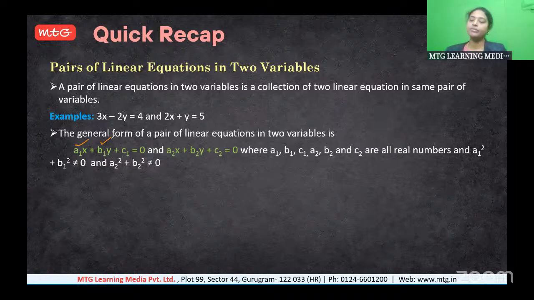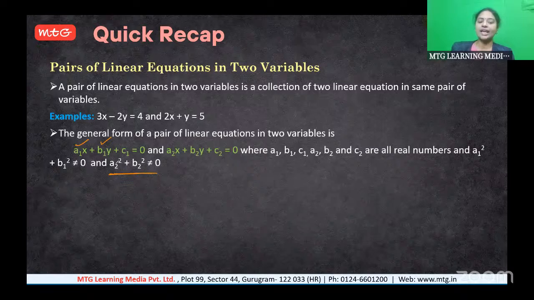How can we say this in a symbolic mathematical form? A1 squared plus B1 squared should not equal 0, and A2 squared plus B2 squared should not equal 0. What is the meaning of it? Suppose A is any number; if you square it, it becomes positive. B is also any number; if you square it, it is positive. If A and B are nonzero, both squares are positive, and if you add, it is again positive.